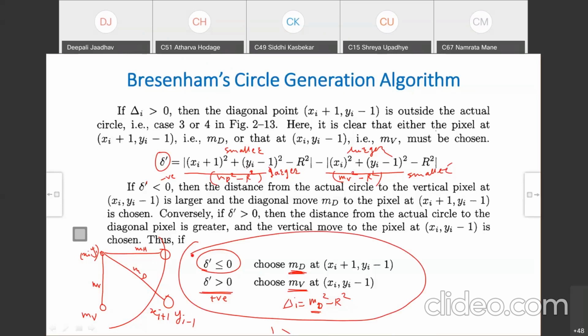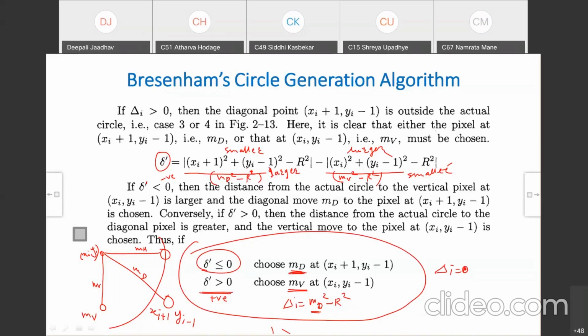Major 2 cases: uppercase delta is less than 0, or uppercase delta is greater than 0. And in that again there are 2 sub cases. And the last case is if delta I is equal to 0.